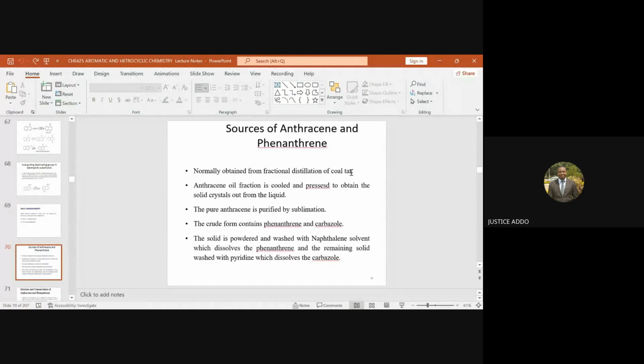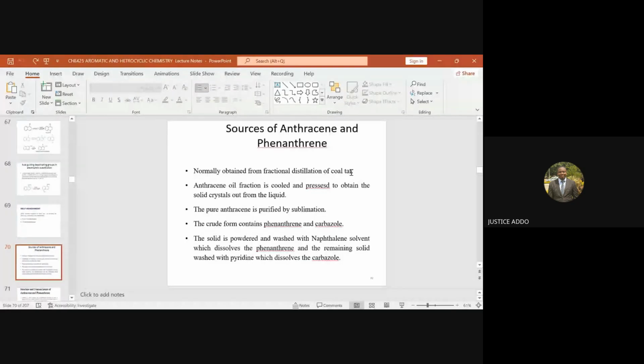The crude form contains phenanthrene and carbazole. Okay, so please, if you are talking about the crude form, then these two components are always there. That is, if you take anthracene, you will get traces of what? Phenanthrene, and then traces of what? Carbazole.